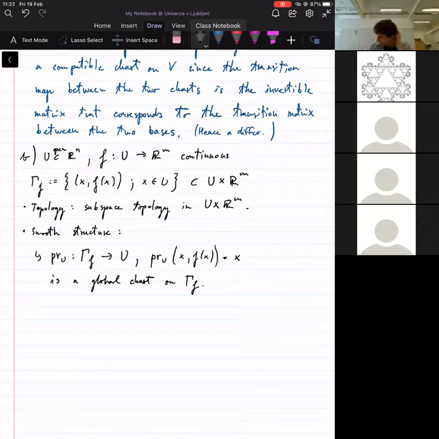So is this a smooth manifold? Does anybody reckon? Yes, it is.